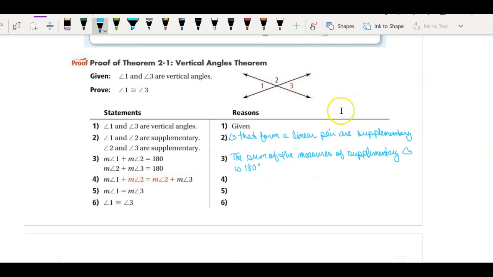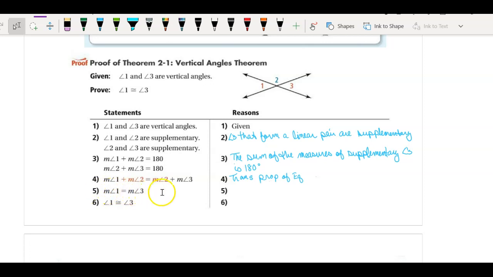So this is the transitive property of equality. The reason it's not the addition property of equality is we do not know that the measure of angle 1 and the measure of angle 3 are the same. That's what we're trying to prove.